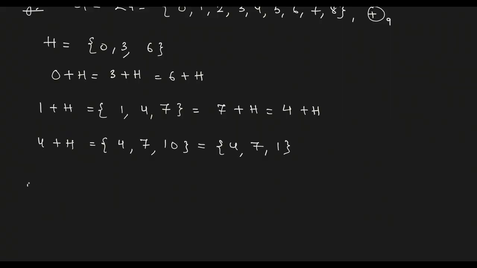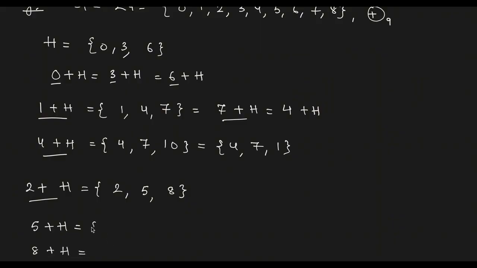2 plus H is equal to 2, 5, 8, and with addition modulo 9 it will remain the same. Basically I am finding the missing ones. I have already calculated 0 plus H, 3 plus H, 6 plus H. Now I have calculated 1 plus H, 2 plus H, 4 plus H, 7 plus H. Now if I calculate 5 plus H and 8 plus H, these two are left.